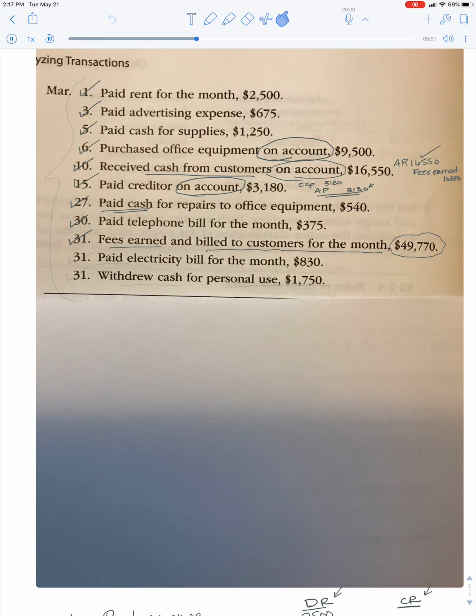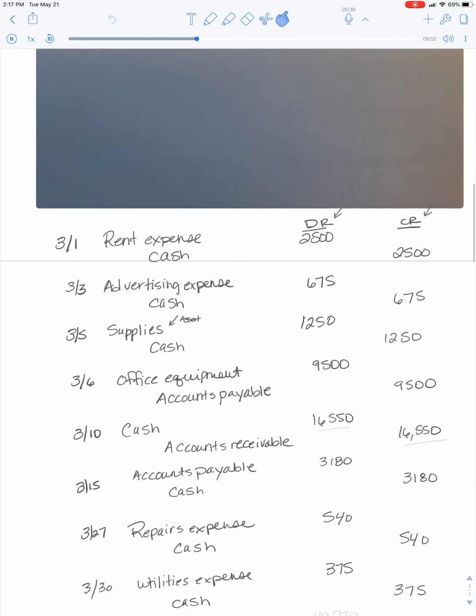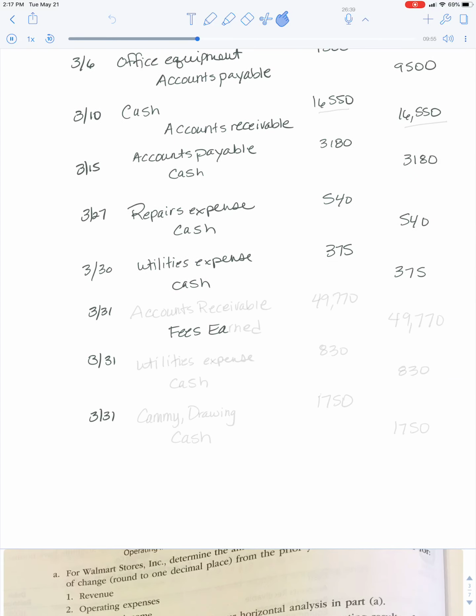So if we want to record some revenue, fees earned is a revenue account, which is normally a credit, so that's going to be our credit. And we're going to say we're going to get paid later. We didn't receive the cash. If we had gotten paid, we would debit cash and cash would go up. But we don't get the cash yet, so we need a holding place until we get the cash. So we're going to debit accounts receivable, which is an asset.